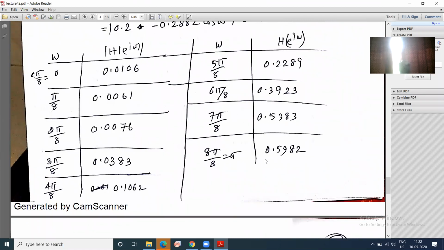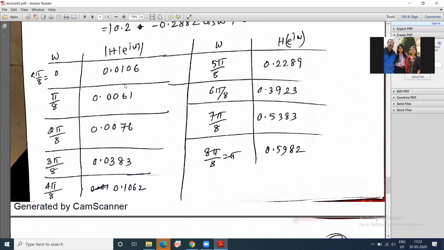Now, while plotting also, this scale is fixed: 0, pi by 8, 2 pi by 8, 3 pi by 8, 4 pi by 8, 5 pi by 8, 6 pi by 8, 7 pi by 8, and pi. This scale is fixed. However, the values are of a different nature for different kinds of filter design, different filter problems, and also different window functions.